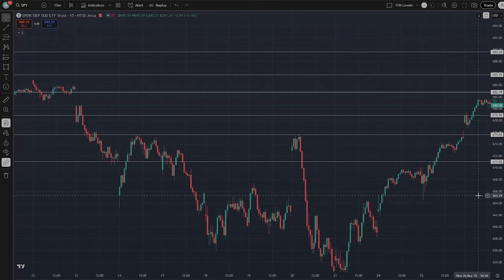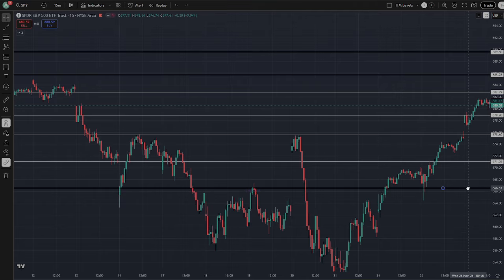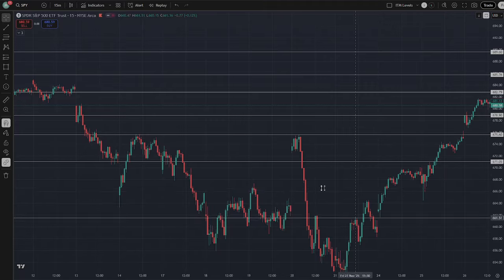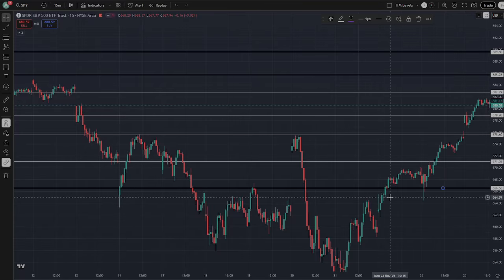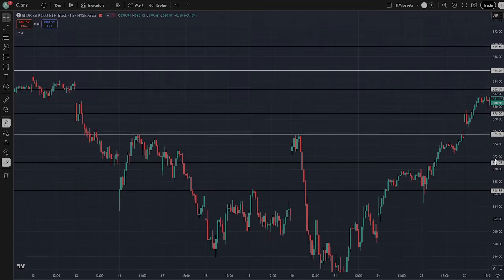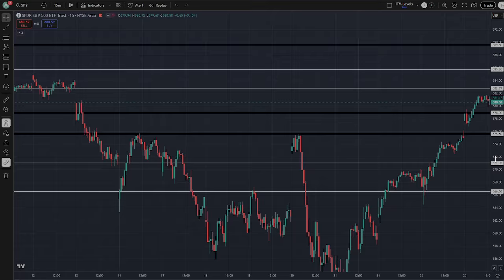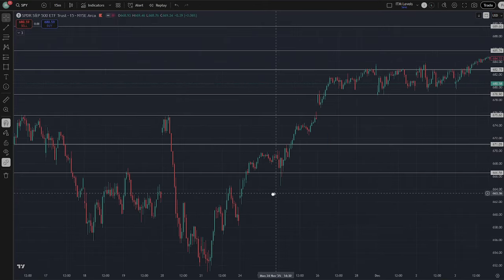Below 671.05, we get the confirmation move down to below 671.05.